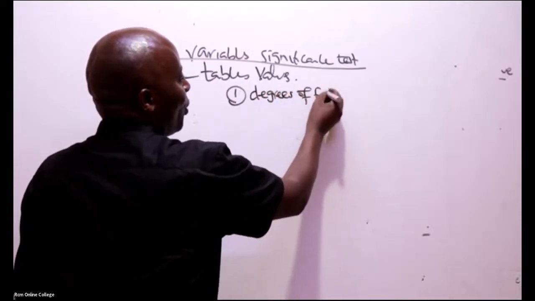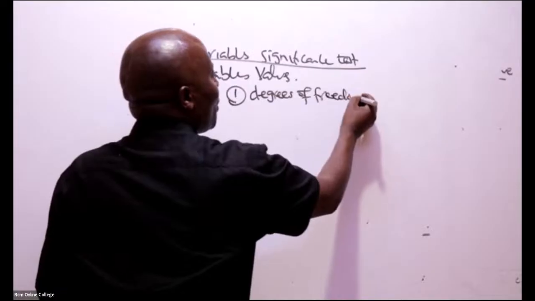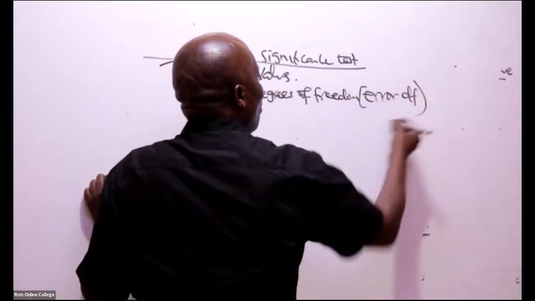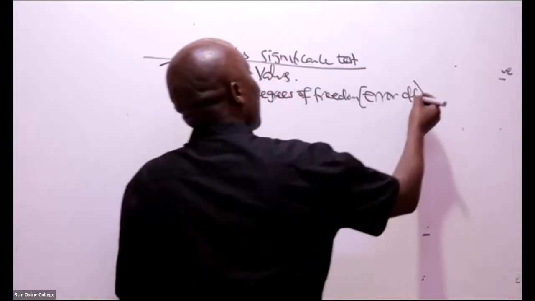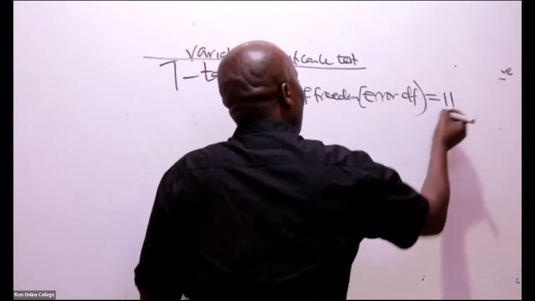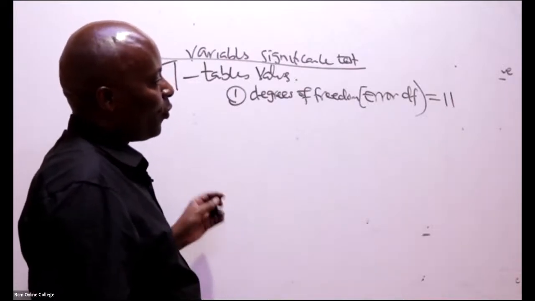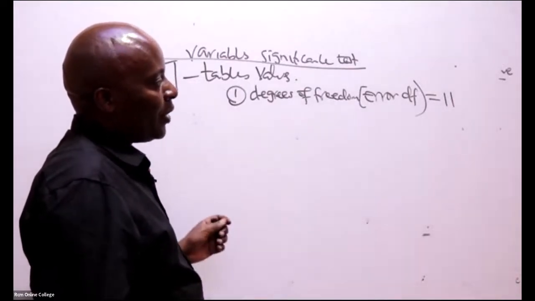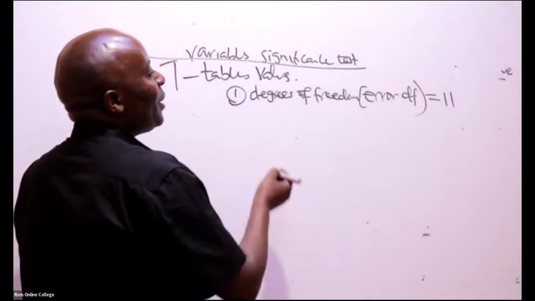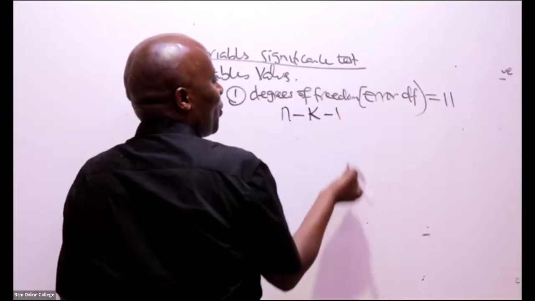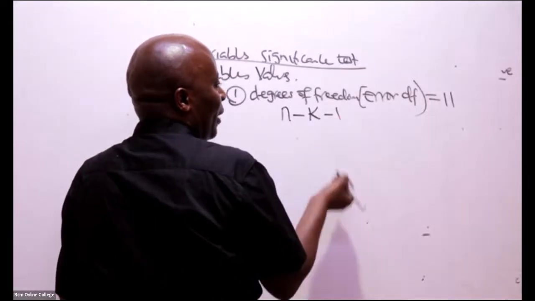Degrees of freedom. These will always be the error degrees of freedom, which you had given to me as 11. Remember, the error degrees of freedom are the ones we got by taking n minus k minus 1, which is 11.